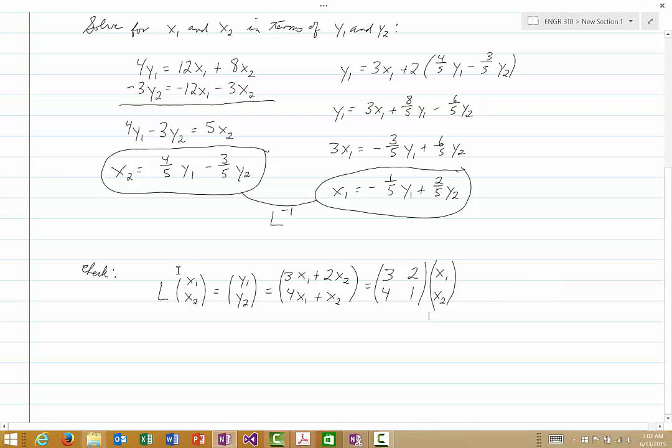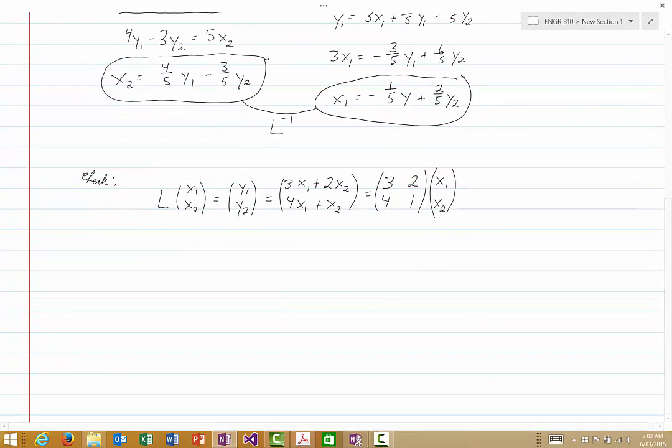And we want to find L inverse, and as you might guess, all we have to do is find the inverse of this matrix. And we know how to do that, so let's just see how this will go. 3, 2, 4, 1, 1, 0, 0, 1. And so if we multiply the top row by 4 and the bottom row by -3, let's see what will happen.